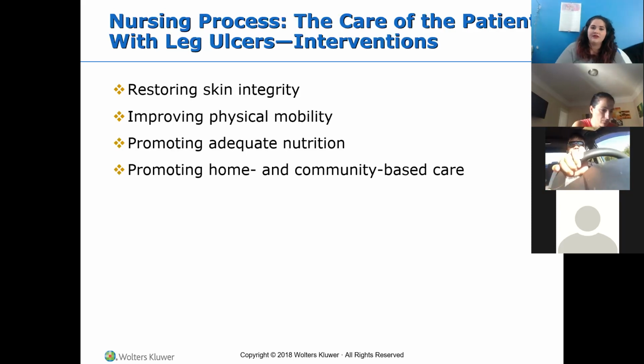Okay. Interventions: restore skin integrity, improve physical mobility, promote adequate nutrition, and promote home and community-based care. So these are your nursing interventions. They go hand in hand with whatever your nursing diagnosis was.